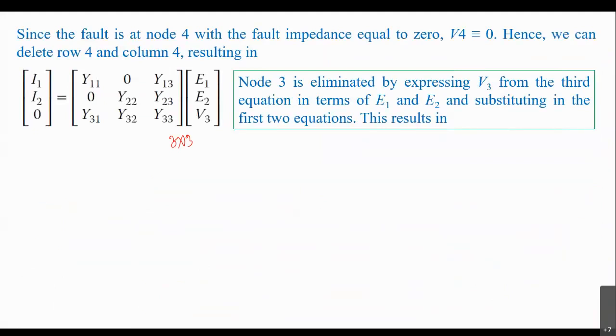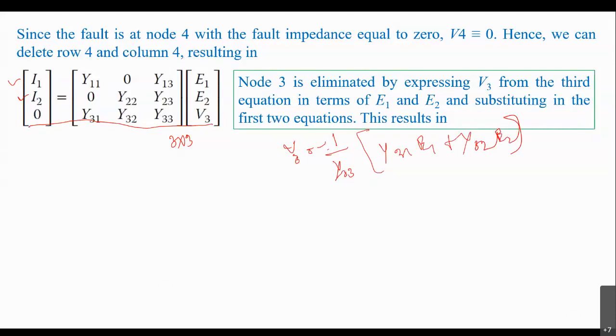Now we can eliminate node number 3 by expressing V3 in terms of E1 and E2 and substituting in the above two equations. If we write the last equation from the last row, I can write V3 equal to minus 1 by Y33 times (Y31 E1 plus Y32 E2).